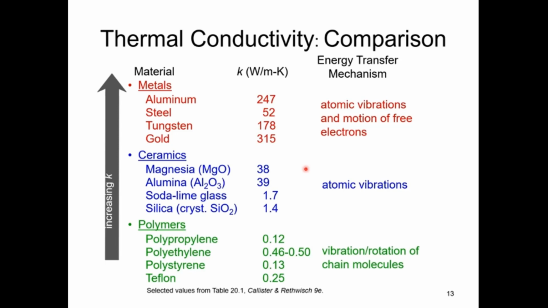But ceramics normally behave as thermal insulators. They are not thermally conductive, because they lack free electrons. Metals have a large number of free electrons, but ceramics have very little, and the transfer of energy is purely from atomic vibrations.